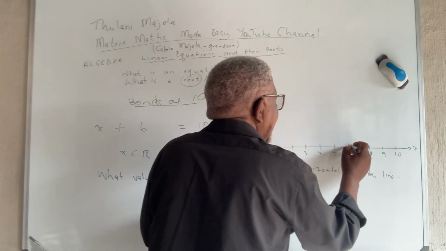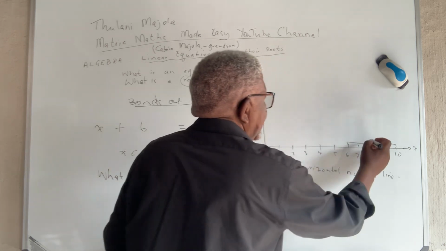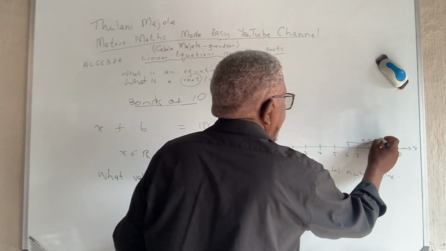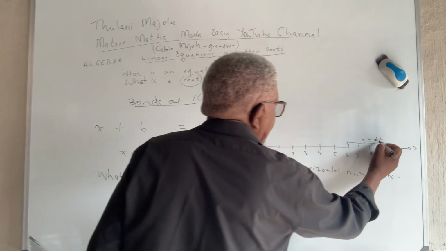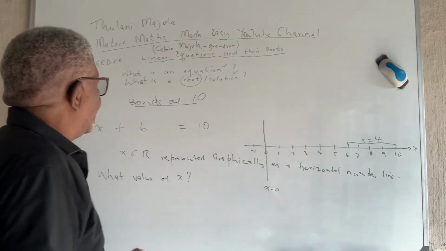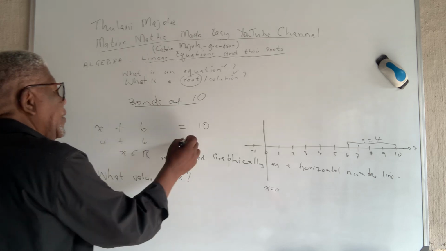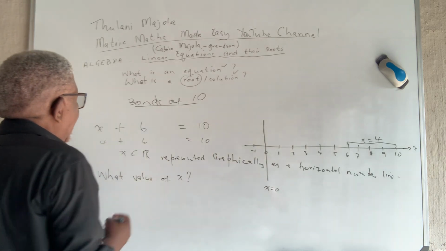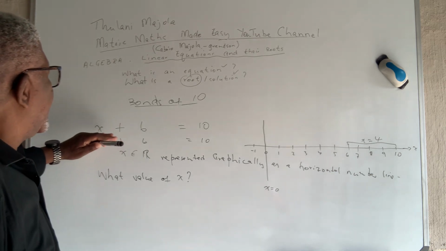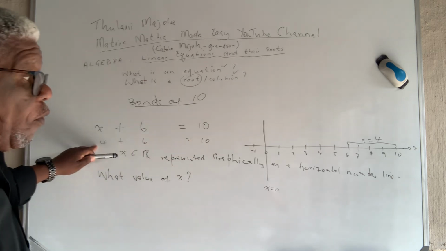We come up to here and then count 1, 2, 3, 4. So x equals 4 will give you 10. So 4 plus 6 equals 10. The value of x that when added to 6 will give you 10 is 4.